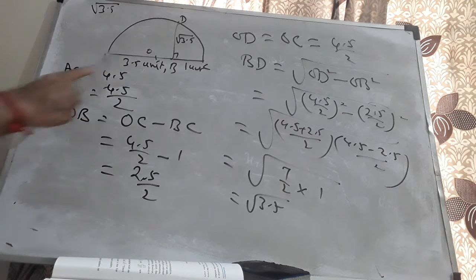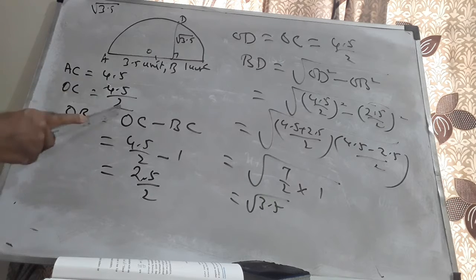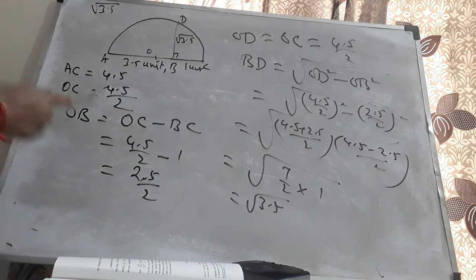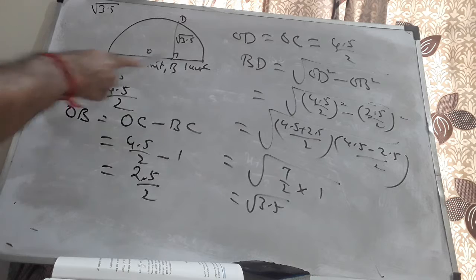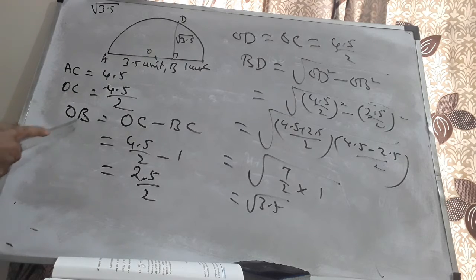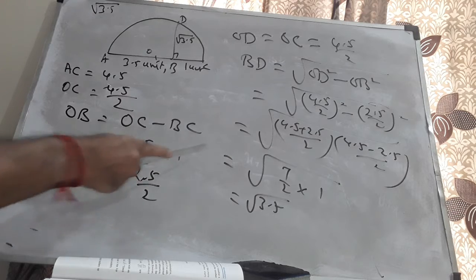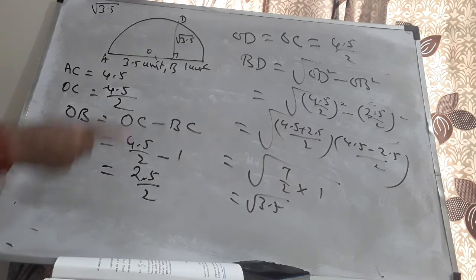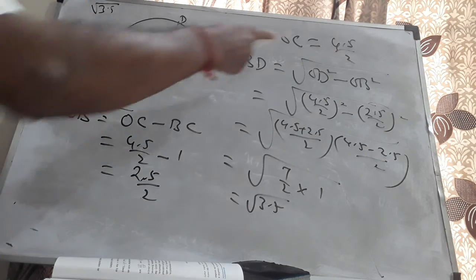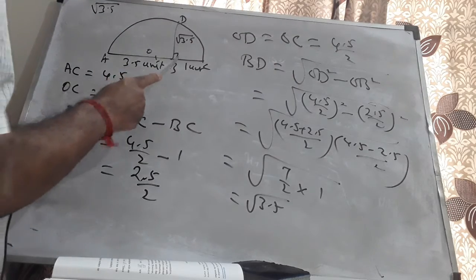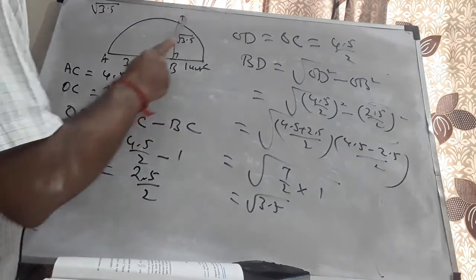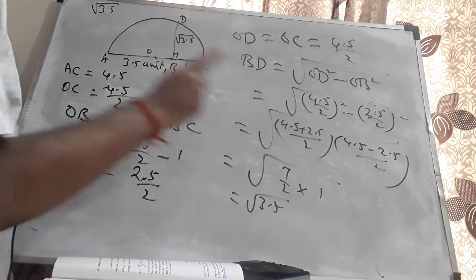Now AC is equal to 4.5. OC is 4.5 by 2. I made a mistake earlier. See the correction: OC is half of it. Now OB is OC minus BC, 4.5 by 2 minus 1. Take LCM, 2.5 by 2. Now OD is the same as OC, which is 4.5 by 2. Now BD is root of OD square minus OB square by Pythagoras theorem.